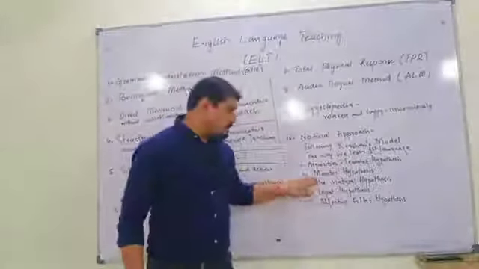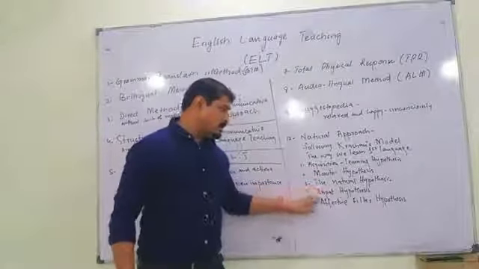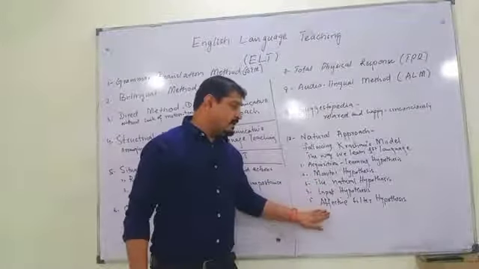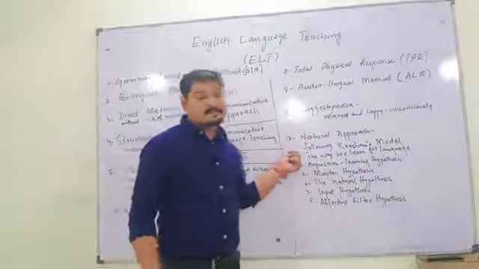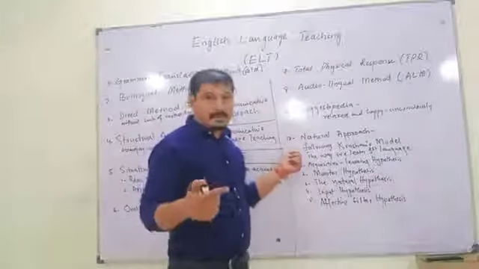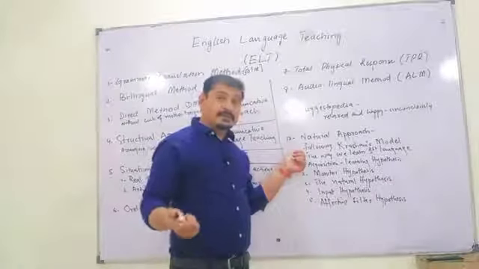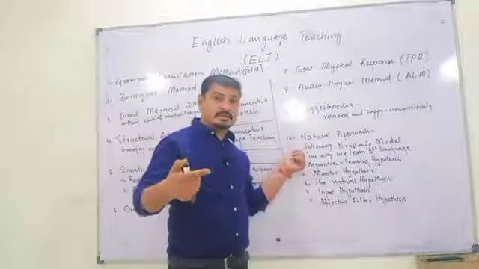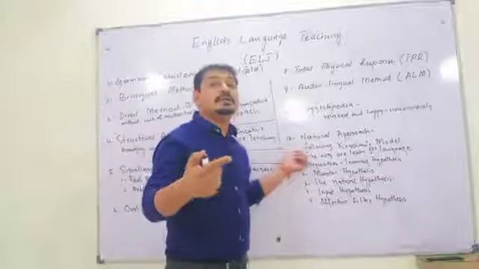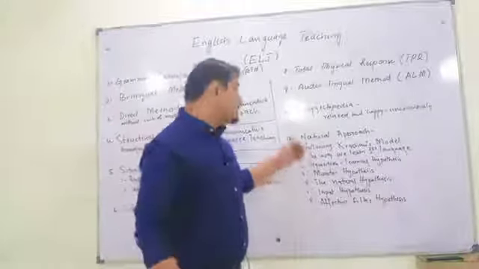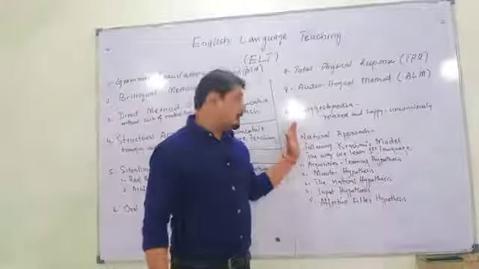There is a monitor hypothesis, the natural order hypothesis, the input hypothesis, the affective filter hypothesis. This is the theory given by Stephen Krashen for first language, and it is applicable for the second language. The way we learn first language, we must create such an atmosphere in the class that the students should learn the language themselves. That approach is called the natural approach.